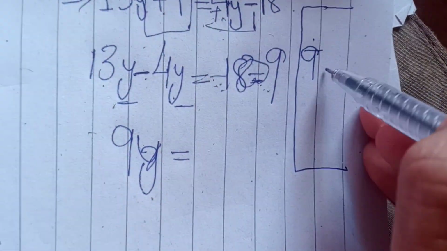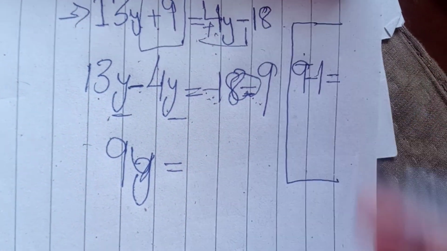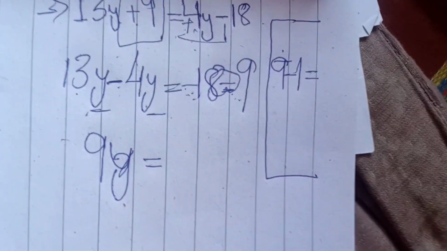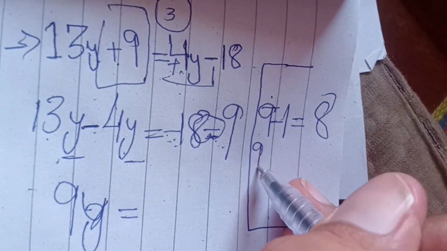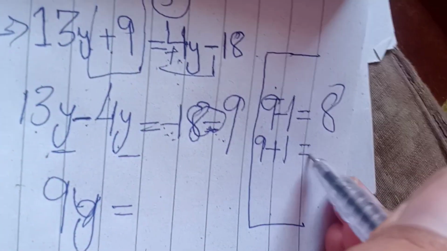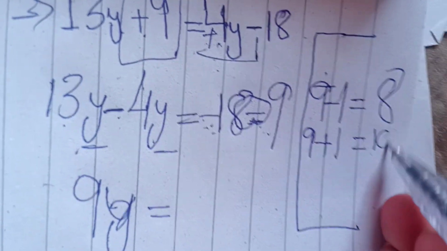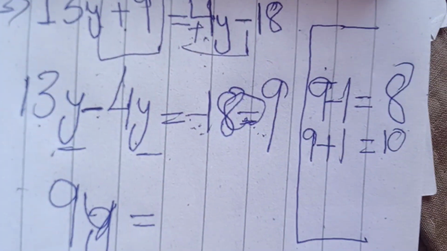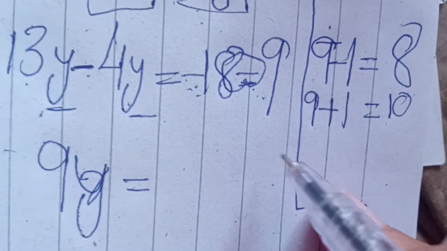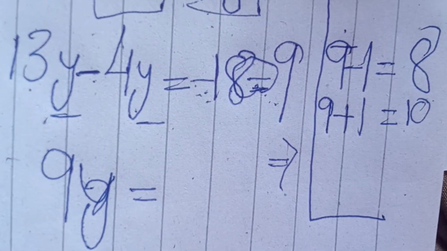Just clear that first. 9 minus 1, what is the answer? 8. Okay. 9 plus 1, what is the answer? Many of you say 10. Here is the simple and basic math. Let's make it a little bit complicated, but not for you because you are here.